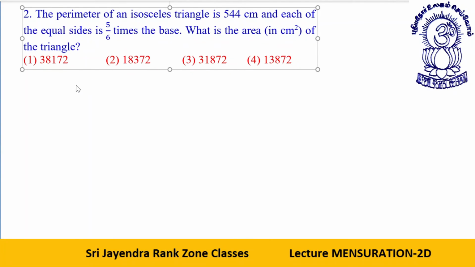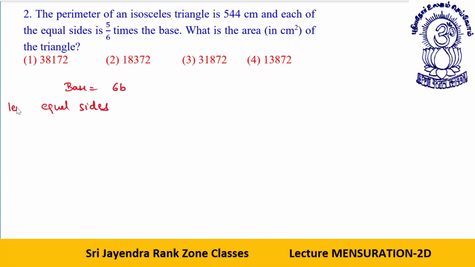Let's say the base is equal to 6b. What will be the length of equal sides? Length of equal sides is 5 by 6 of the 6b. That gives me 5b each.